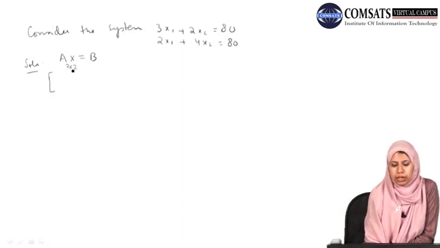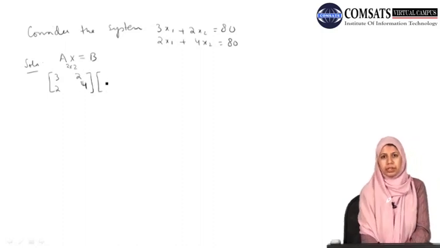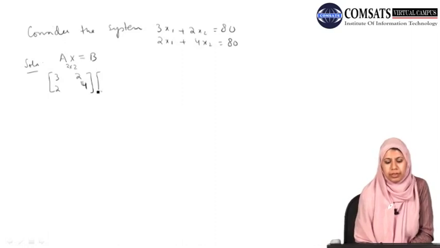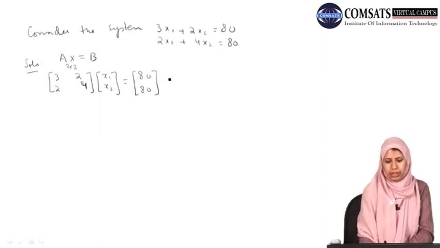The coefficients are 3, 2, 2 and 4. This is our matrix A, multiplied with the column matrix X of unknowns x1 and x2, equals our column matrix B, with B1 = 80 and B2 = 80.